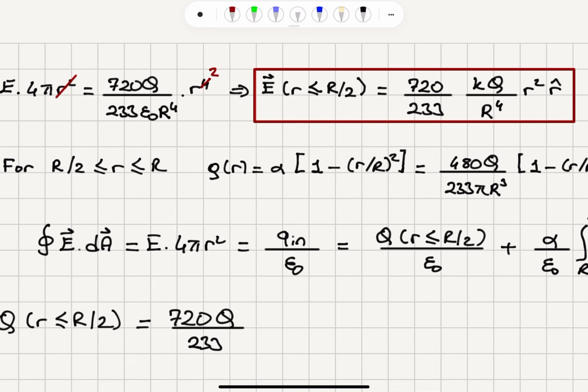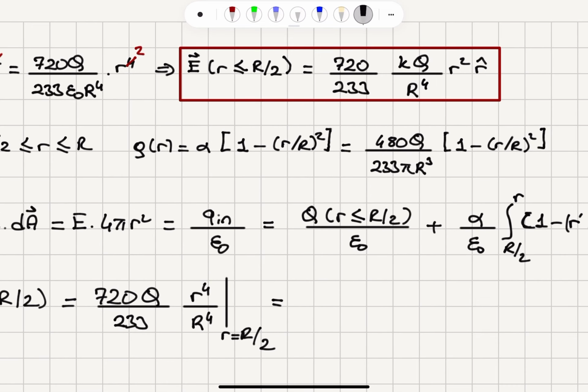So if you don't consider epsilon 0, this is the charge enclosed, 720 Q r to the fourth power divided by 233 capital R to the fourth power, evaluated at r equal to capital R over 2. This is the charge enclosed by the full sphere with radius capital R over 2.